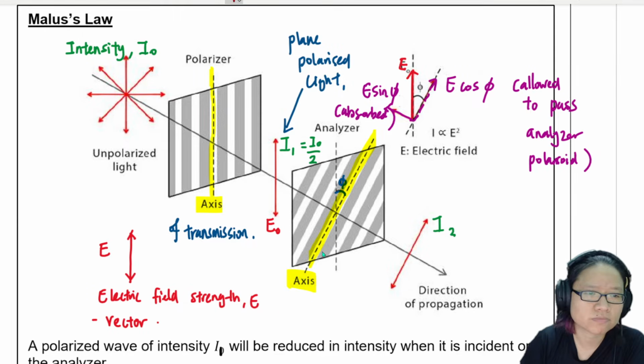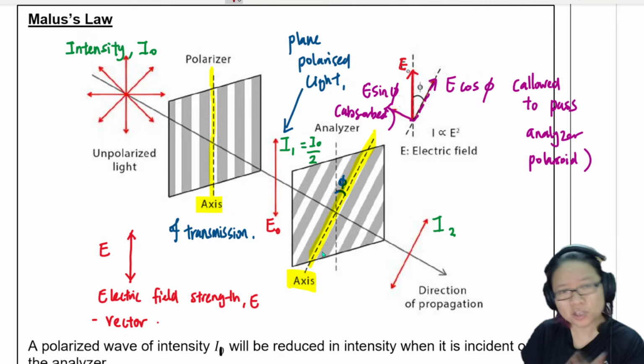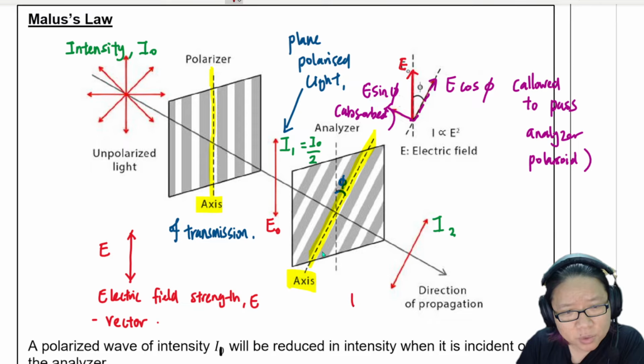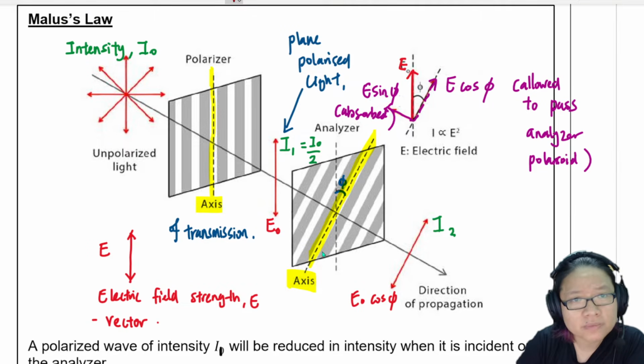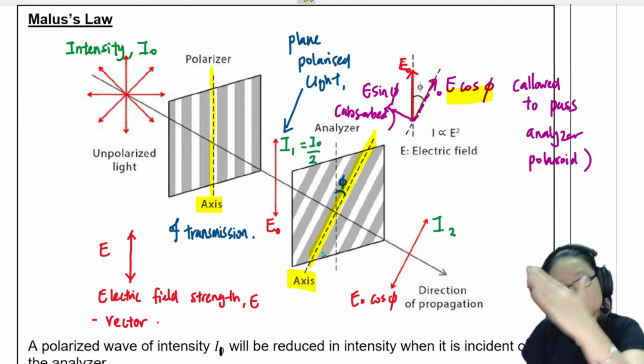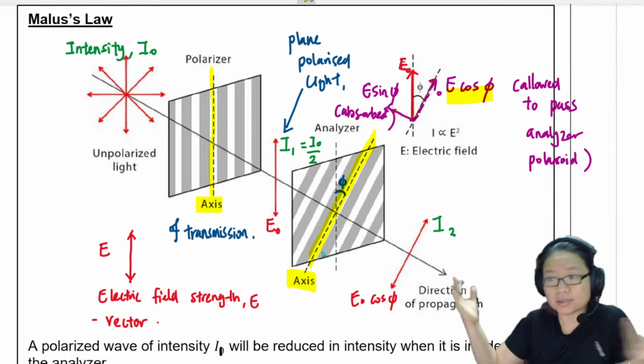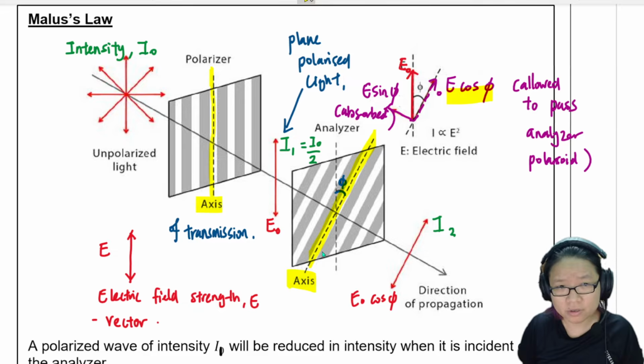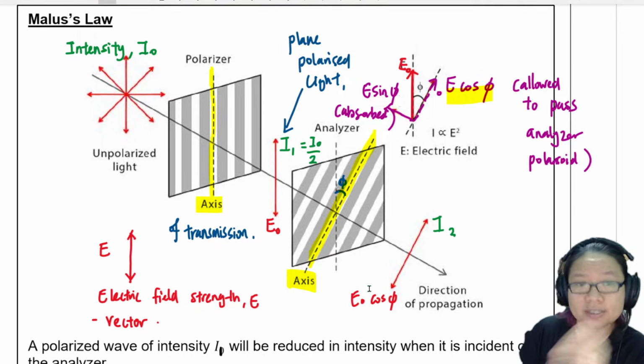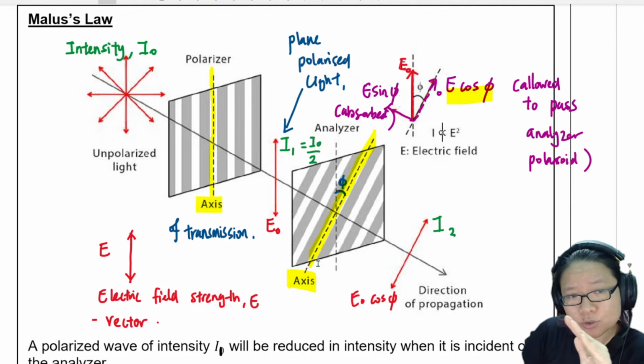Once we resolve and take the parallel component, this will be E0 cos phi. This is the component that is parallel to the axis, the one that is allowed to pass. It's a vector, so we can resolve the electric field.